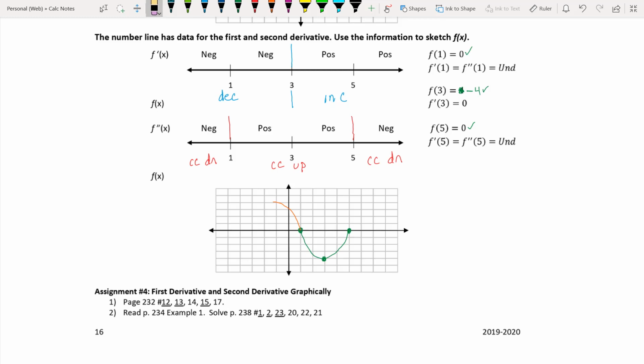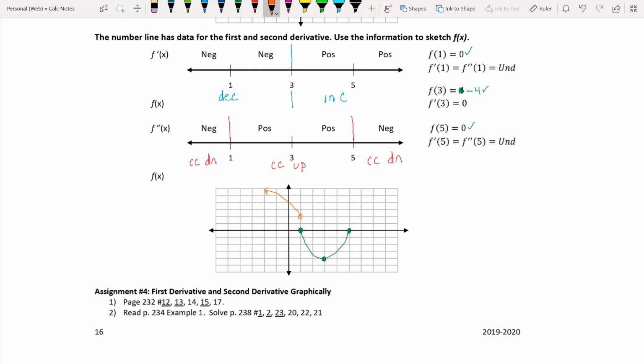So on this particular graph, we're going to have to be concave down, but we must be not continuous. Somewhere around 1, something funky is going on here.